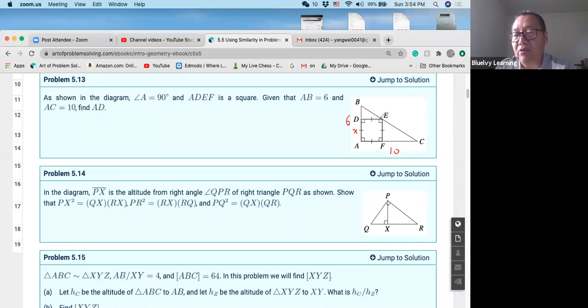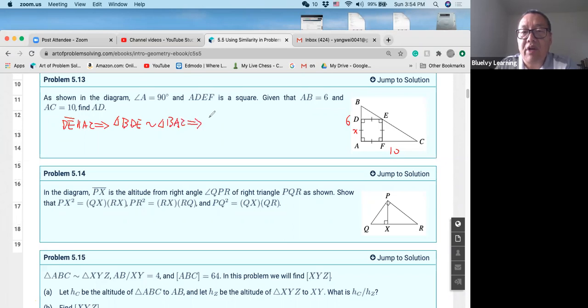So then you get two pairs of similar triangles. First, from DE parallel with AC, we can get triangle BDE similar with triangle BAC.